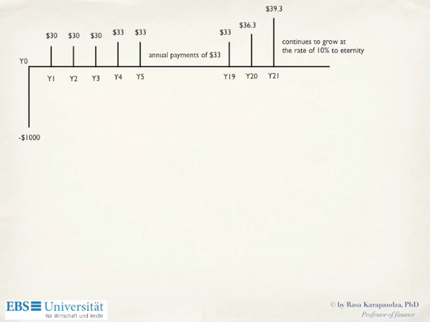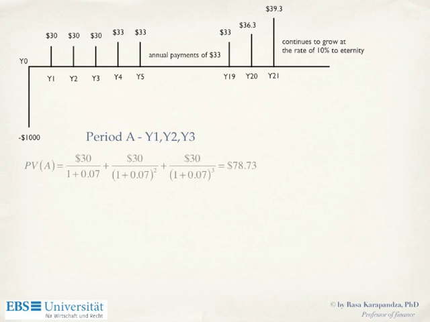I can calculate it using the annuity formula, or I can just calculate this cash flow for period A by discounting each cash flow with the corresponding discount factor. And that's it. This is the answer for the first part of the question. And you already know how to do this. We have done a couple of examples like this one.